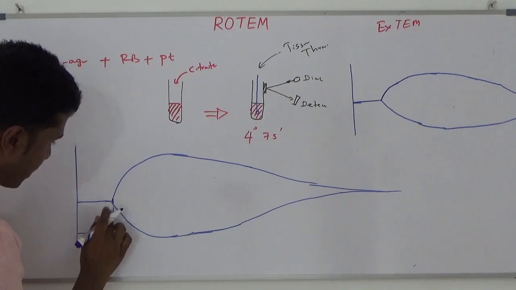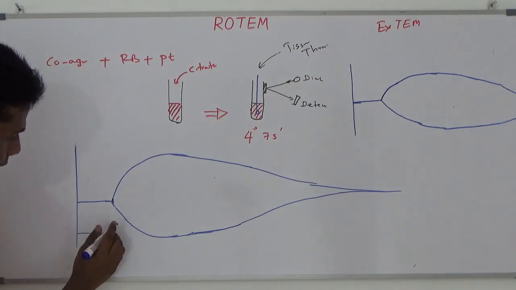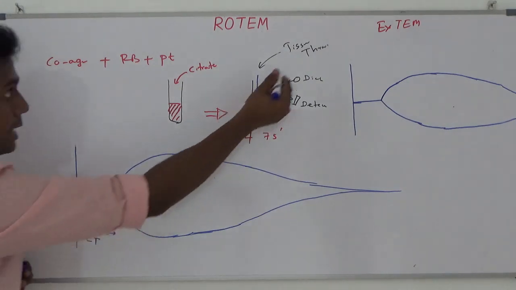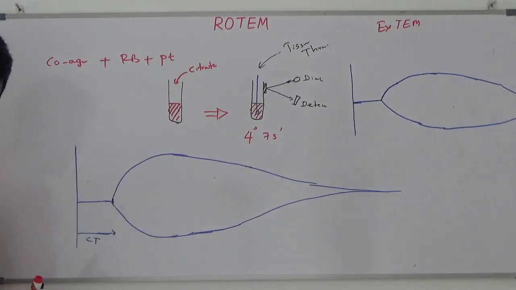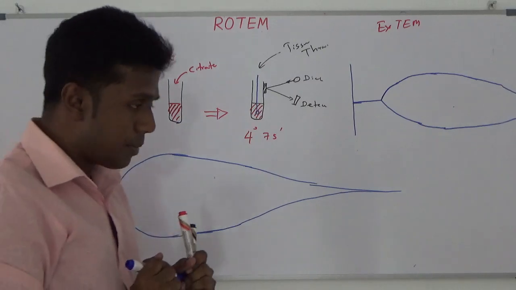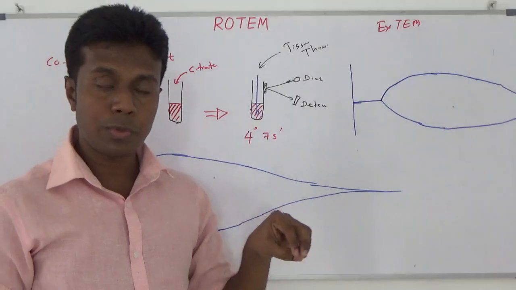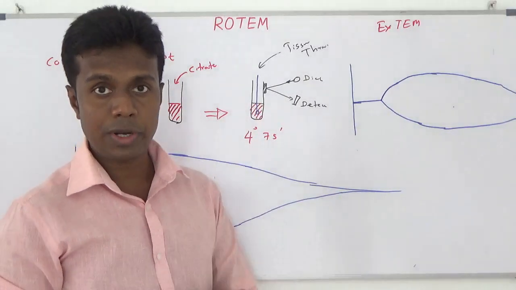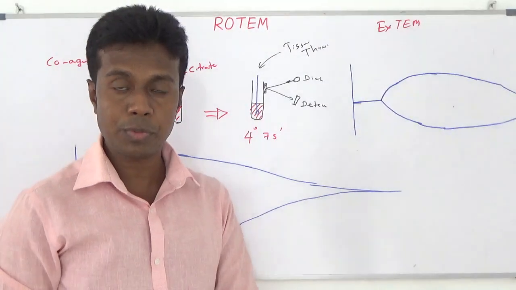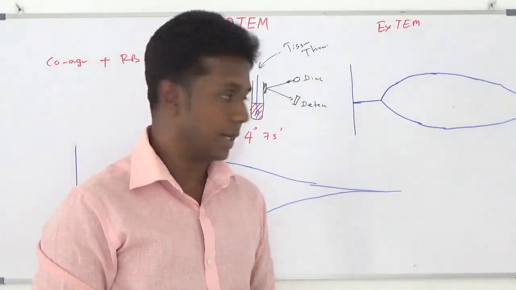Clotting time. From the point of adding tissue thromboplastin or tissue factor to the beginning of clot development, we are going to call it the clotting time. If you remember the previous pathway, once you stimulate factor 7, it stimulates factor 10, it stimulates the prothrombin, it stimulates the beginning of the fibrin formation.